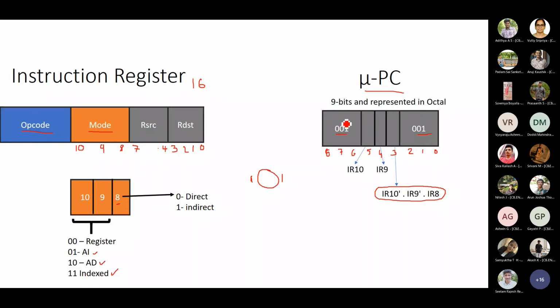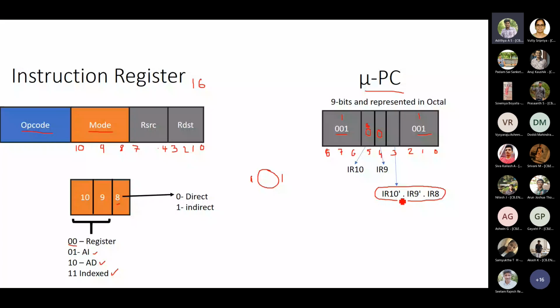For register direct, this is 0. Sorry, this is 0. And what about MuPC3? 0.